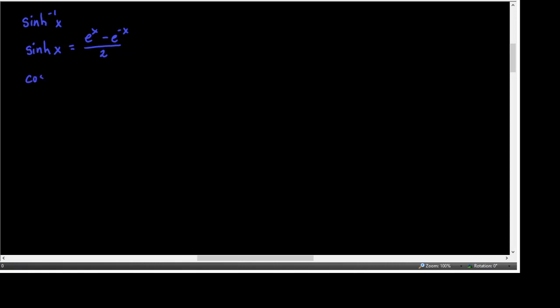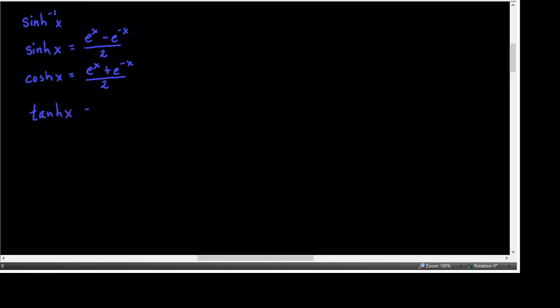Hyperbolic cosine of x, we'll remind you of that one. It's e to the x plus e to the opposite of x, over 2. And those are the two main definitions that you're going to need to know going forward. The rest of them are defined in terms of other hyperbolic functions.